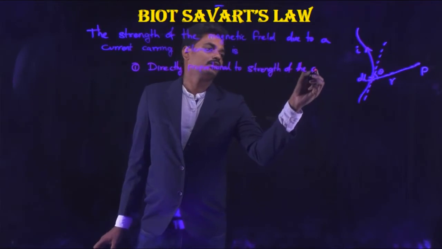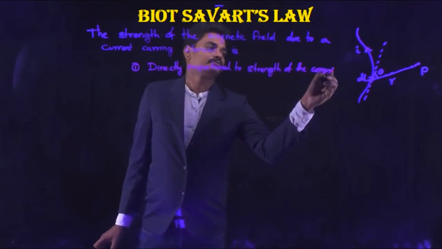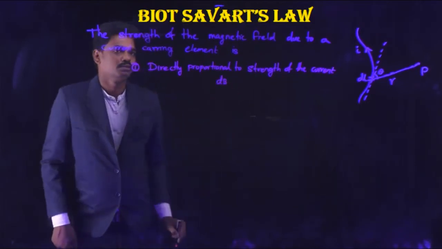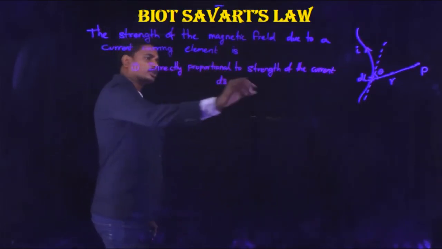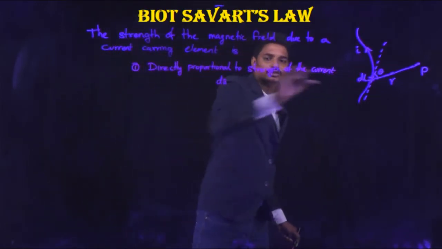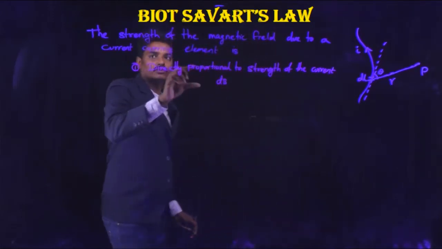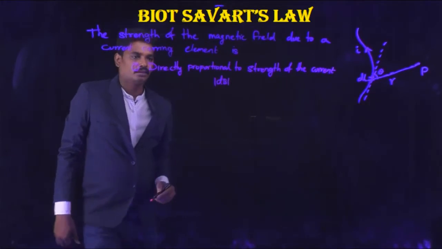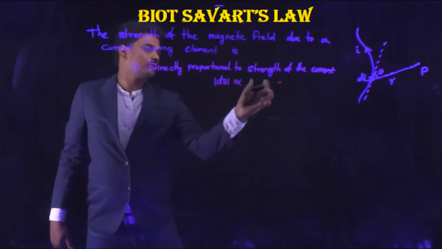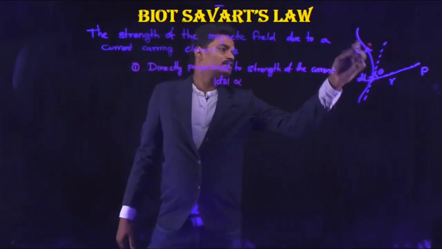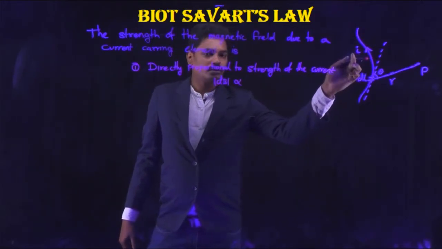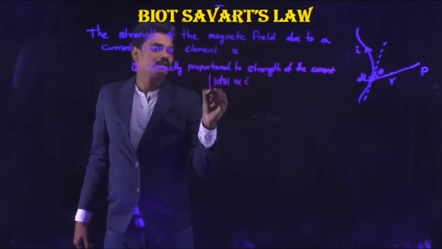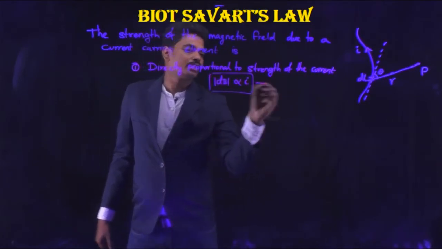The magnitude of the magnetic field induction due to only the small element dl, so we write mod dB, is directly proportional to the current I flowing in the conductor. So dB is directly proportional to I. Let it be equation 1.